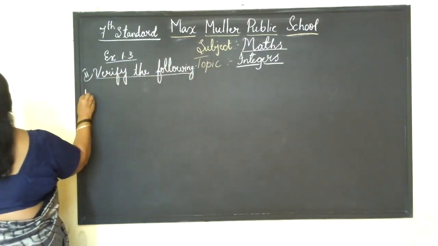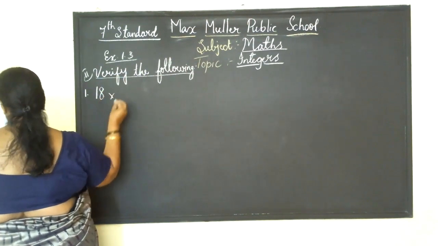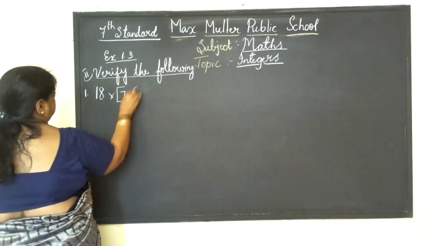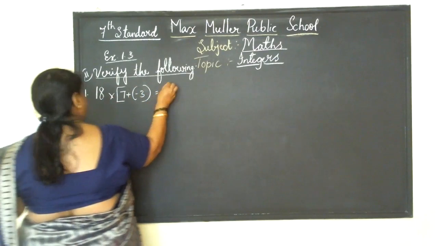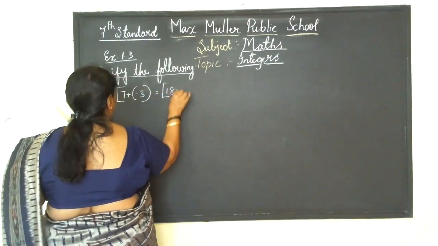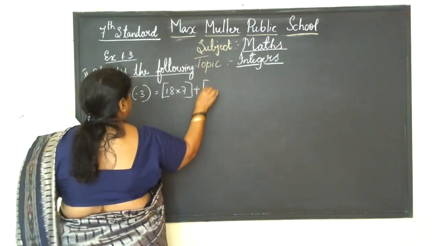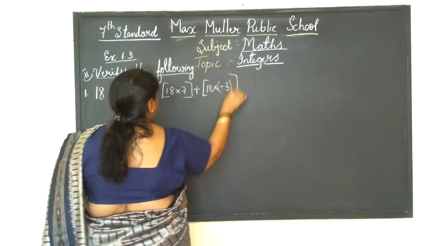First one: 18 into (7 plus minus 3) is equal to 18 into 7 plus 18 into minus 3.